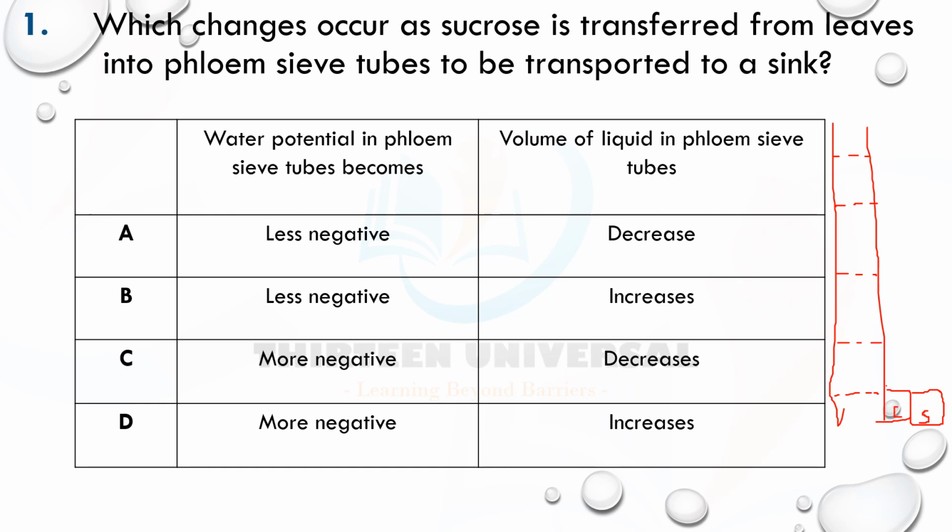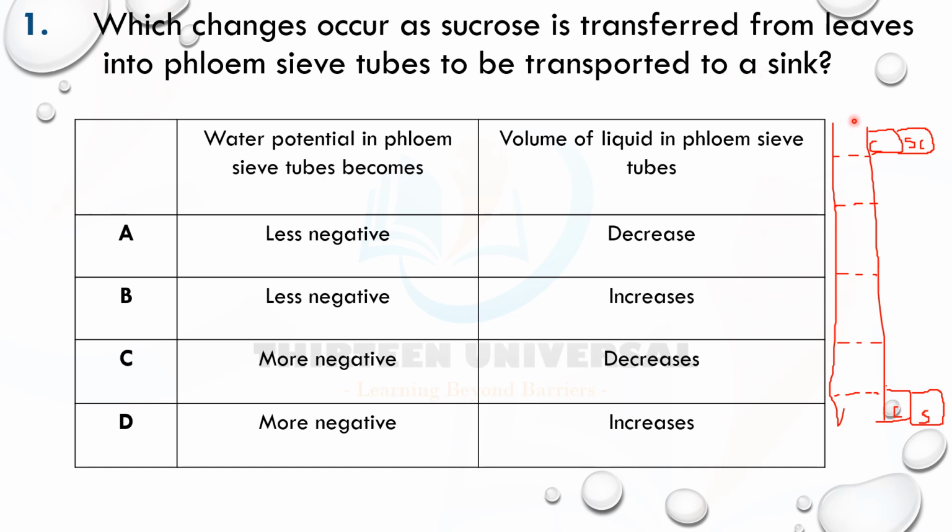Here we have a companion cell also, and then we have the source cell, S C. And this is also a companion cell, C. Don't forget that the role of the companion cell is to load sucrose from the source cell into the sieve tube element.